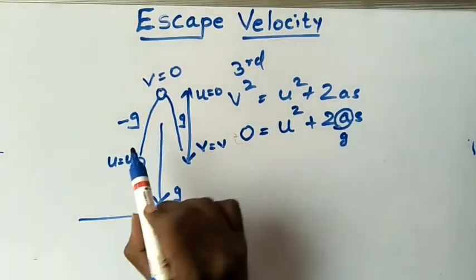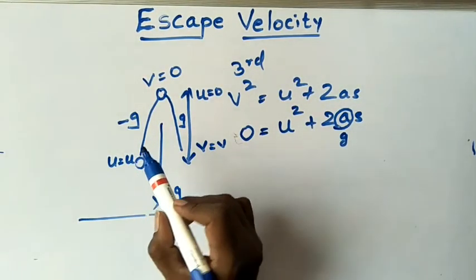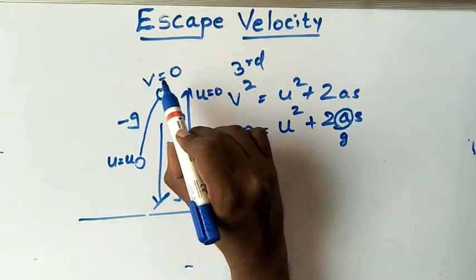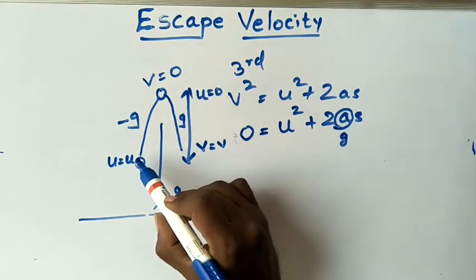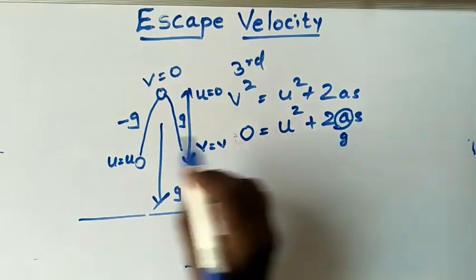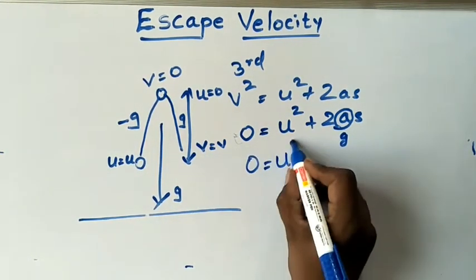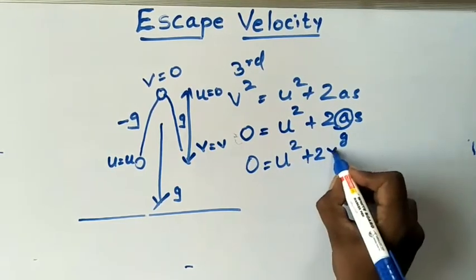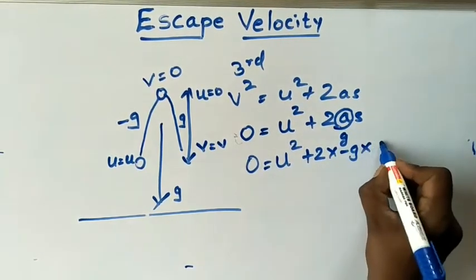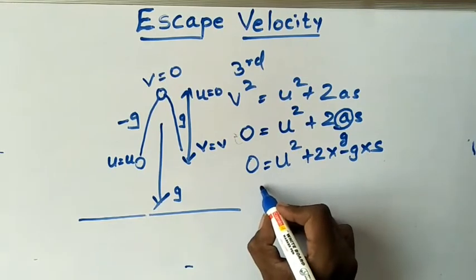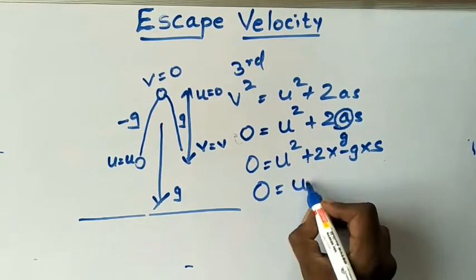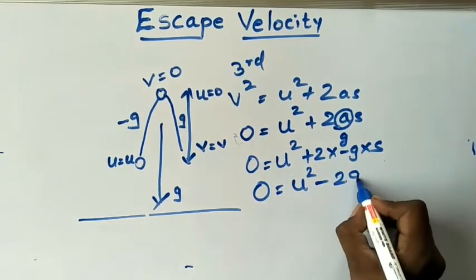Now here we are talking about when a stone or a ball goes up, when we throw the ball or a stone up, here g is negative. So 0 is equal to u square plus 2 into minus g into s. So 0 is equal to u square minus 2gs.